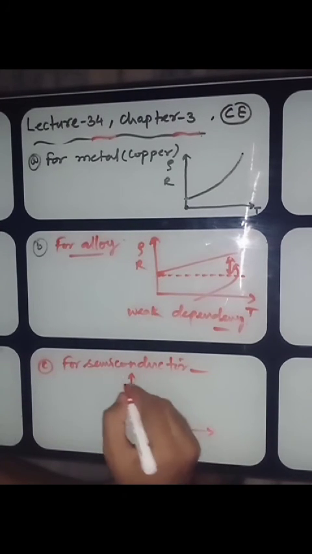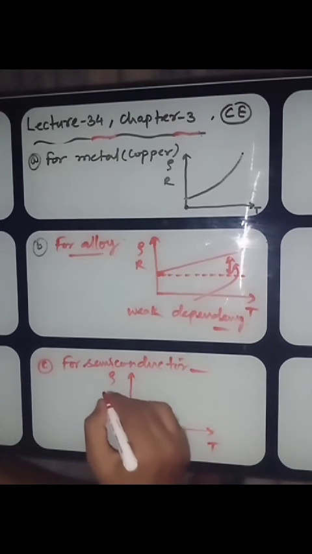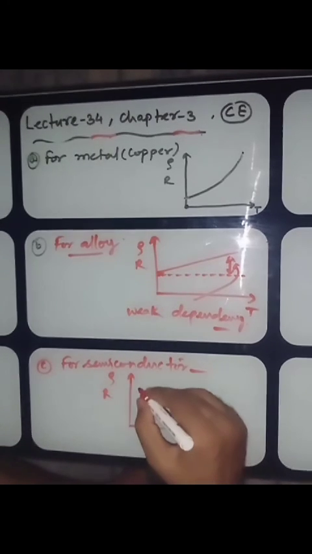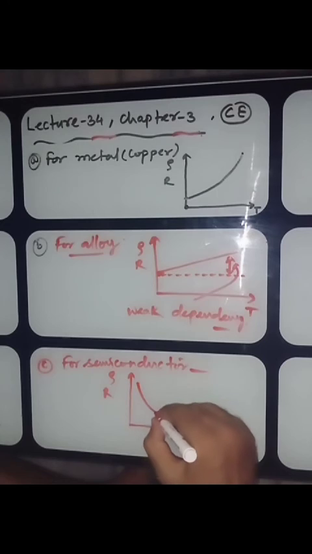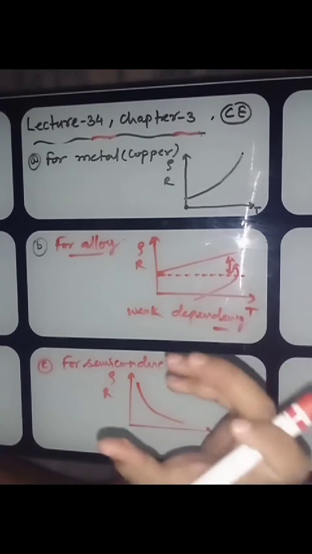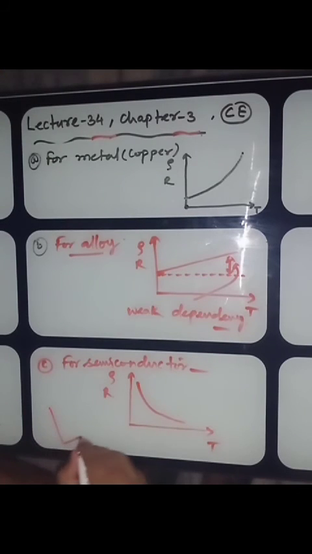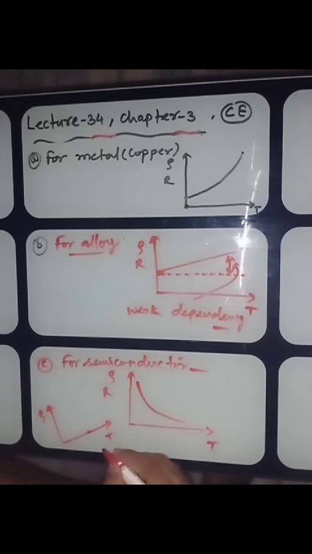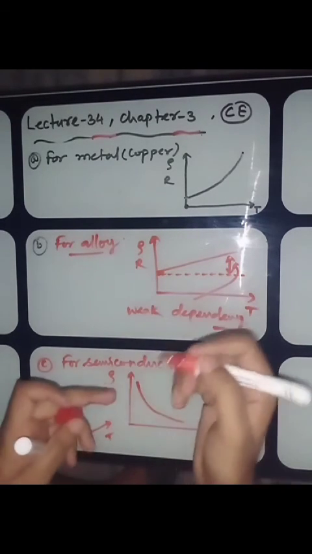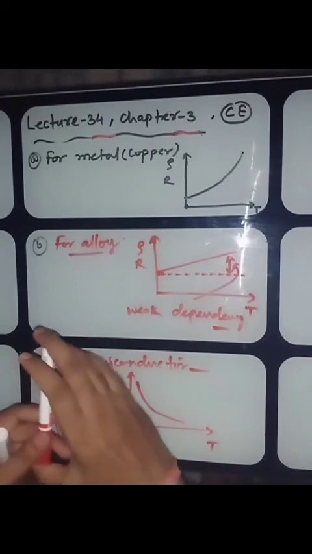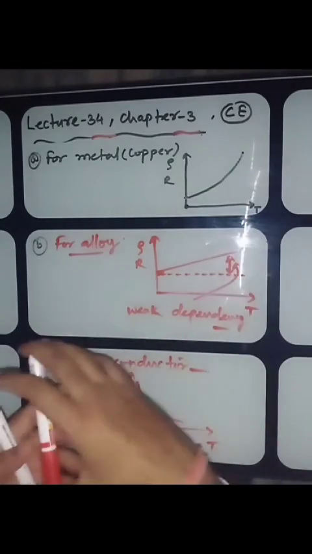This is the plot of rho versus T, the R versus T, and as the temperature increases, the resistivity decreases for the semiconductor. You don't have to study the superconductor, otherwise the graph for the superconductor will look like this. Rho versus T, you will find it goes like this, but you don't have to study it in your syllabus.